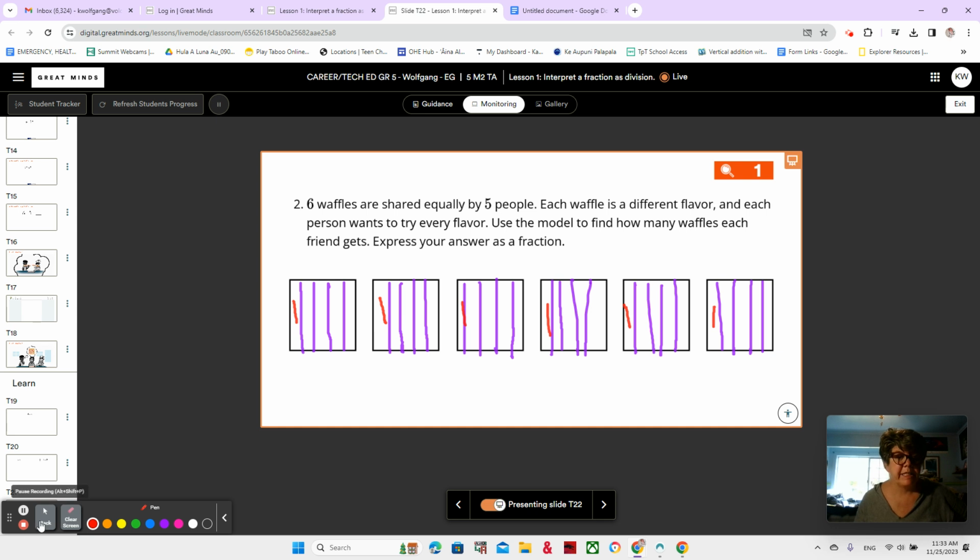They're each going to get a part of each waffle because one of them is chocolate, one of them is chocolate chip, one of them is cinnamon. So you see what I'm doing there? Each waffle is broken into 5 parts.